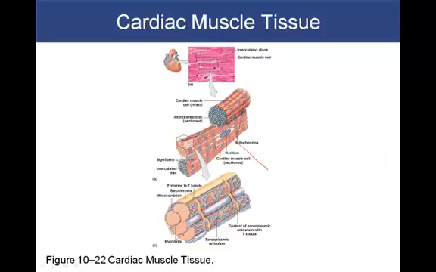We have a cell that is branching, and we also see the repeating striated patterns, which again should let you believe that the actin and myosin are arranged in a very ordered fashion, as we saw in the skeletal muscle. And this bottom photo is basically looking at how the sarcoplasmic reticulum and the T-tubules are organized.